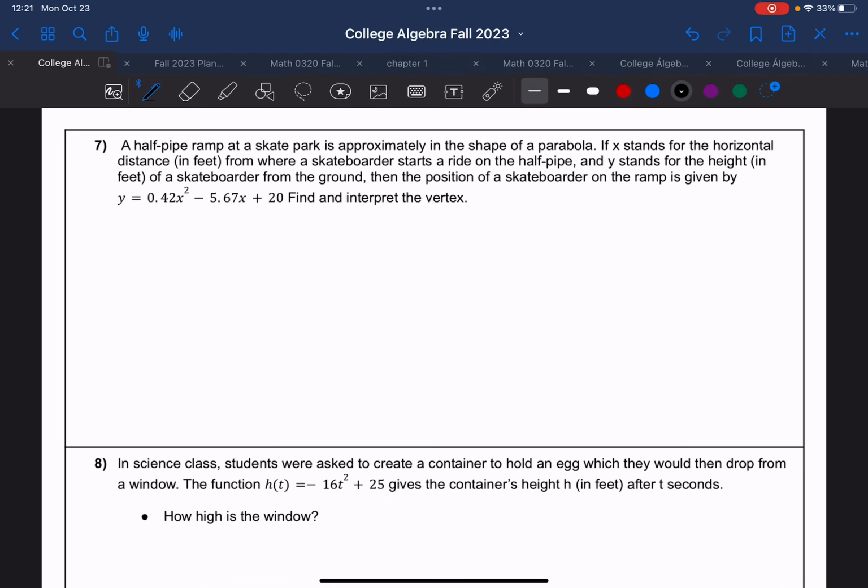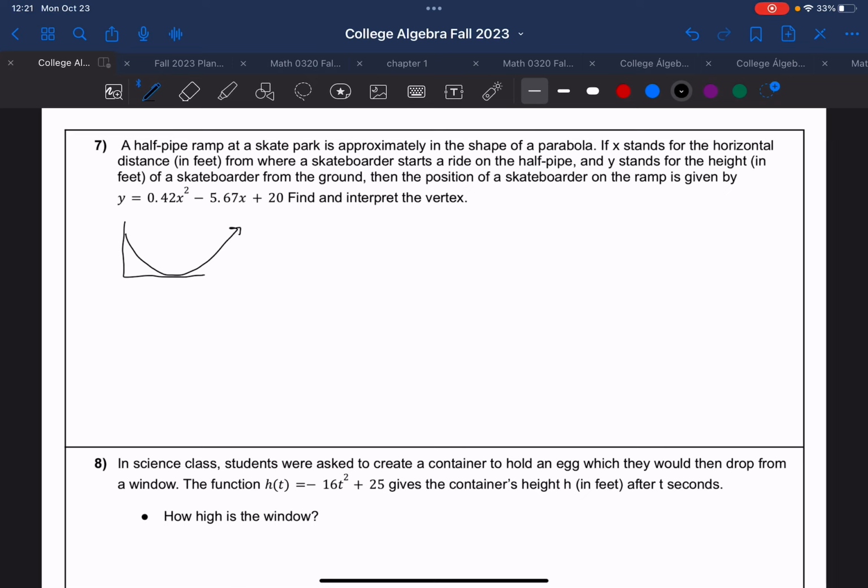Okay, so what we need to do first is draw what our image looks like. So if I just draw my x and y axis, it says that the half pipe ramp looks like the shape of a parabola. Here's my parabola that is representing the ramp.